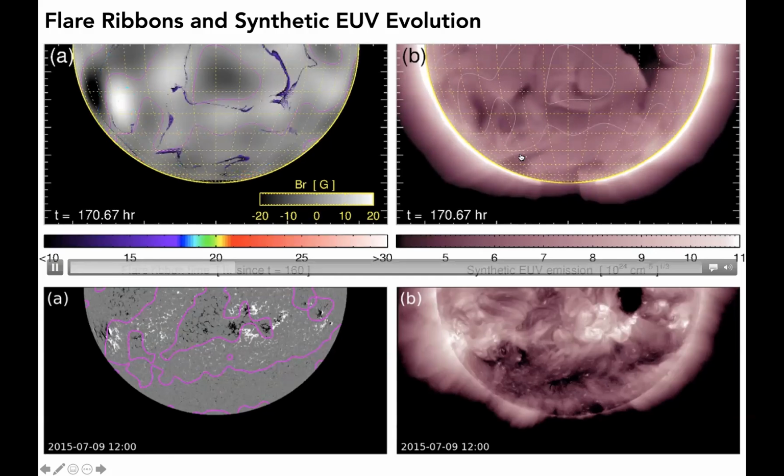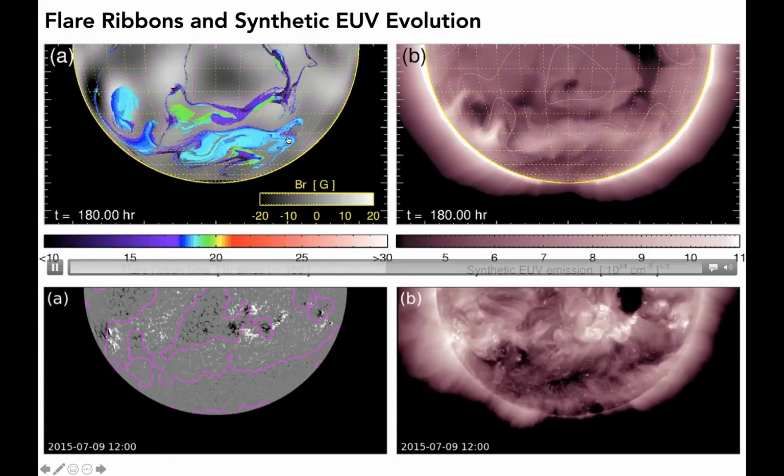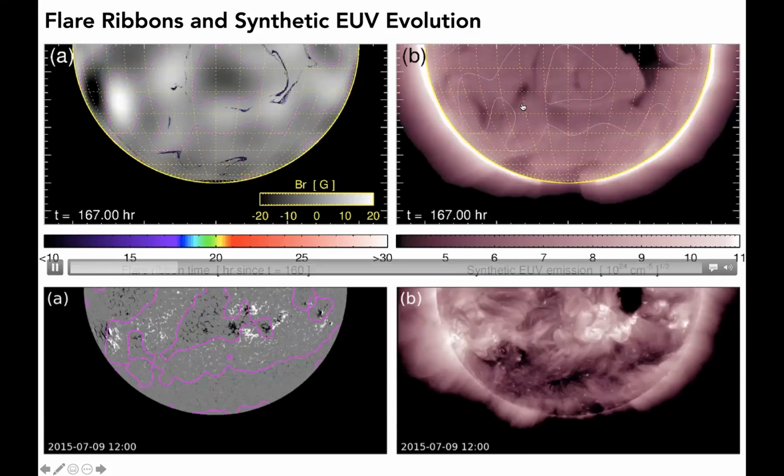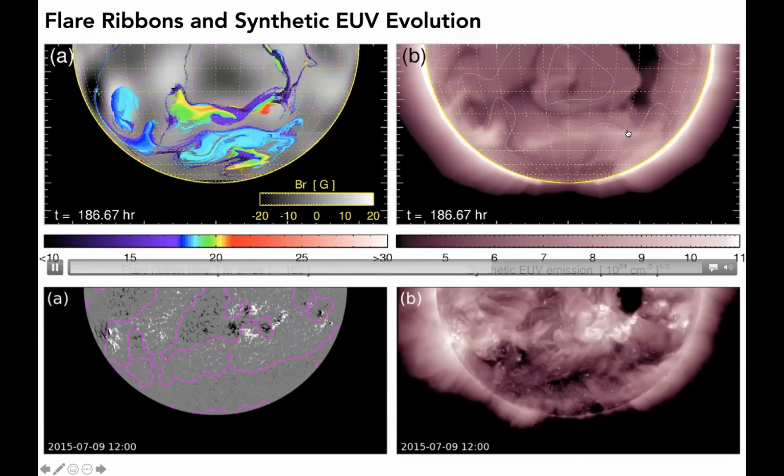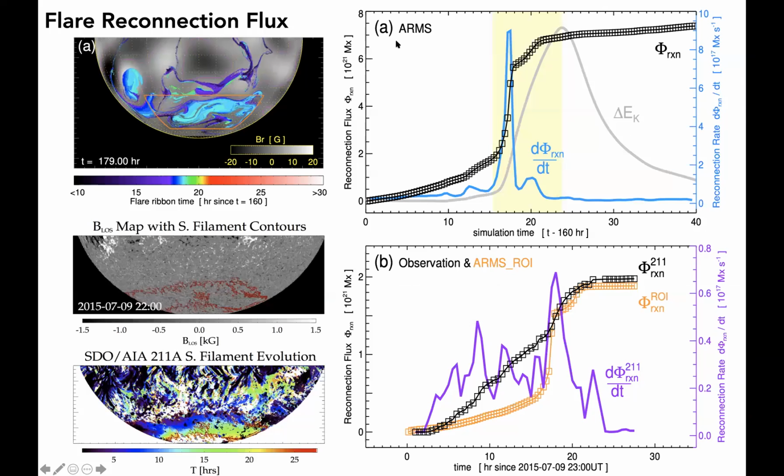And this, even more obviously than the reconnection pattern, has this east to west propagation. If you're a simulation person, you look at this and say, wow, that's reproduced the observations exactly. And so we can calculate what the reconnected flux is, given this pixel mask.